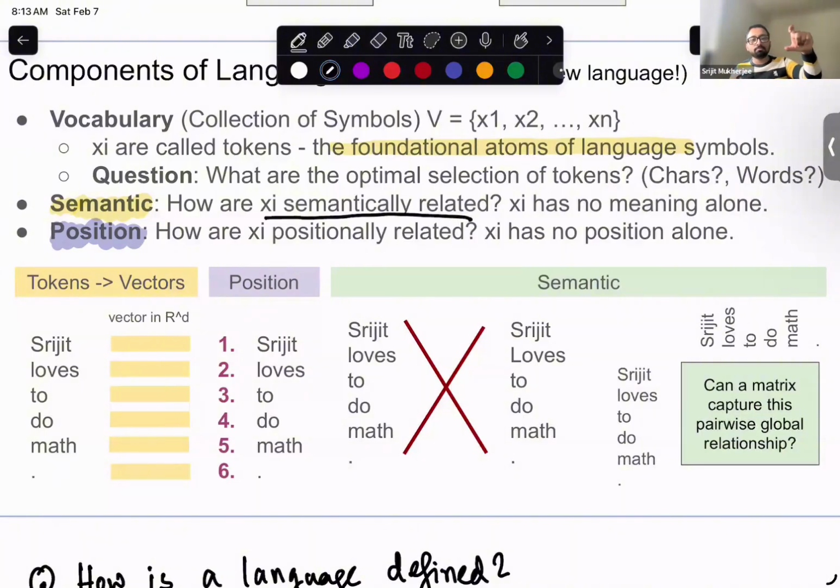One word or one symbol doesn't stand alone; its presence is in respect to other symbols. Both position and semantics are relationships, not standalone understanding. So how x_i are semantically related to others, and similarly how x_i are positionally related to others, are the two main questions we want to measure.